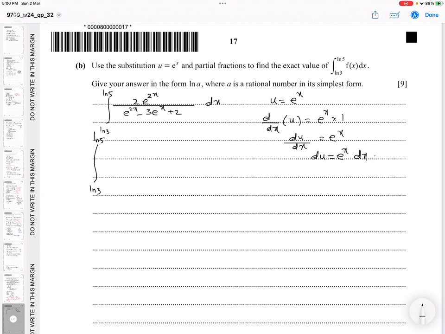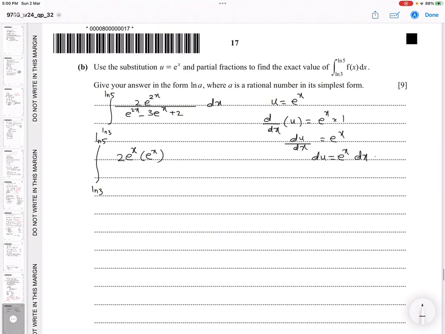Can you write e^(2x) as 2e^x times e^x, over, and e^(2x) I can write as (e^x) whole squared. It's the same thing. Minus 3e^x plus 2 dx.